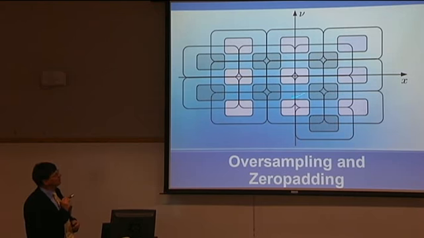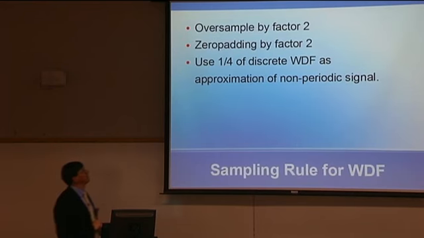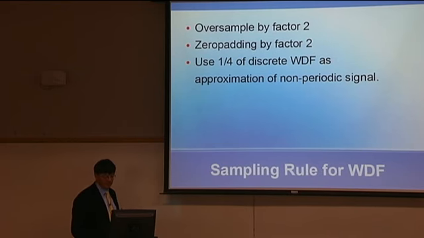These two steps do not really increase the number of sampling points that we have in the end, because we really have to deal only with a quarter of all the points in this domain. So these would be the rules to deal with a Wigner function inside a computer. Oversample by a factor of 2, zero pad by a factor of 2. Use 1/4 of the discrete Wigner function to approximate non-periodic signals.